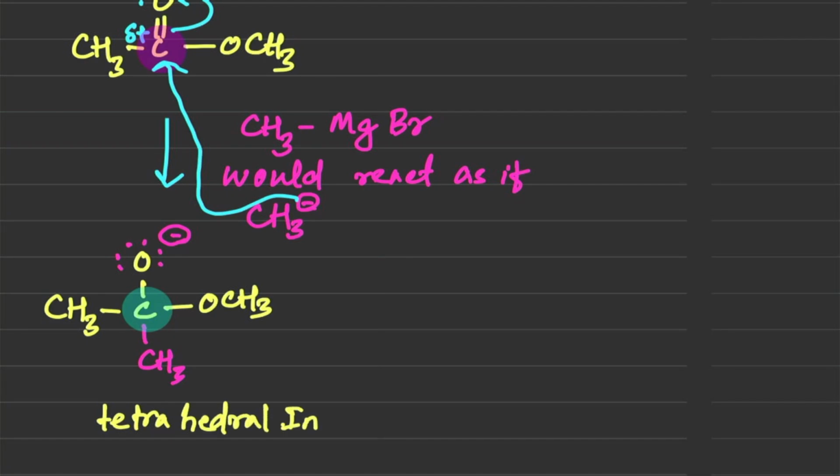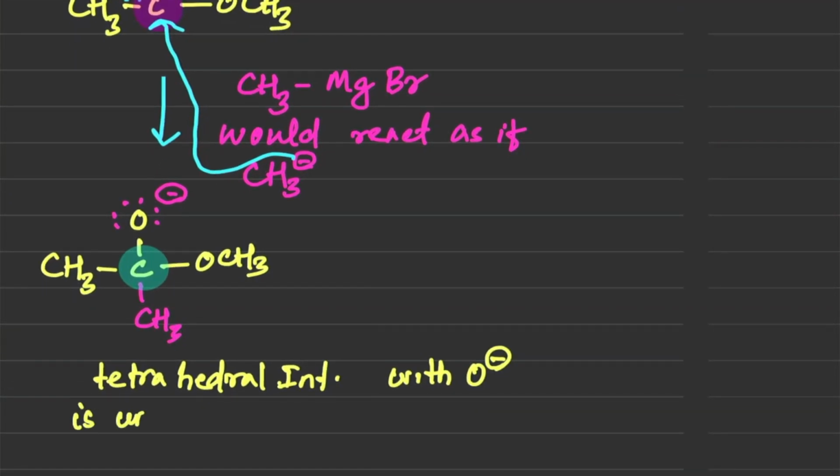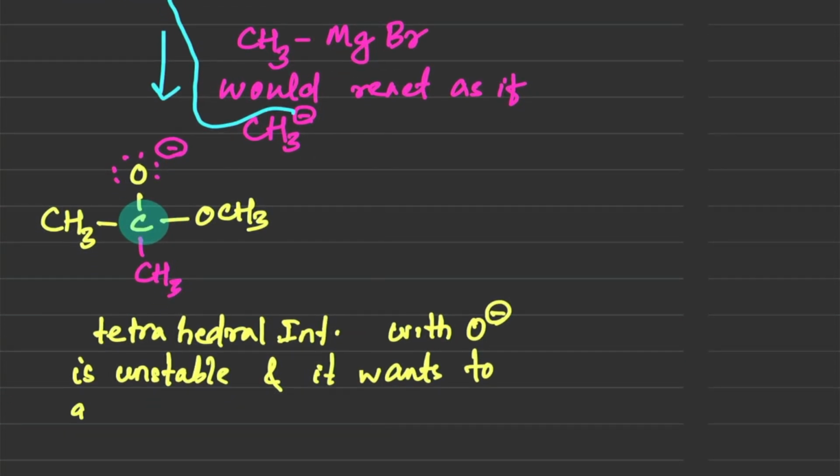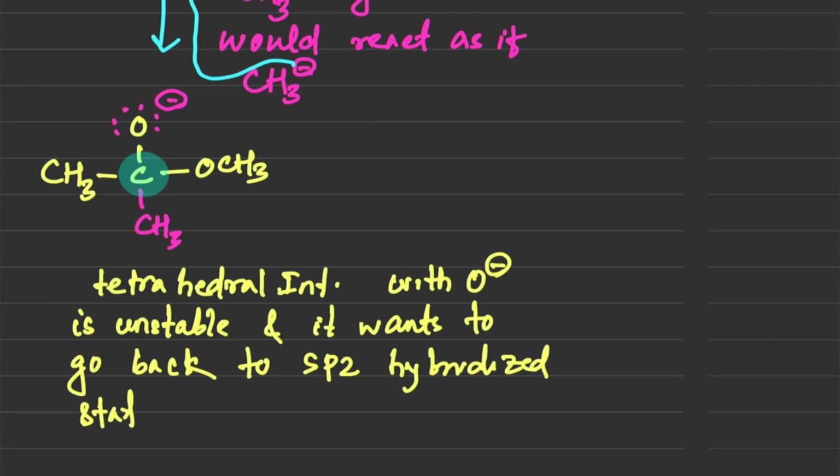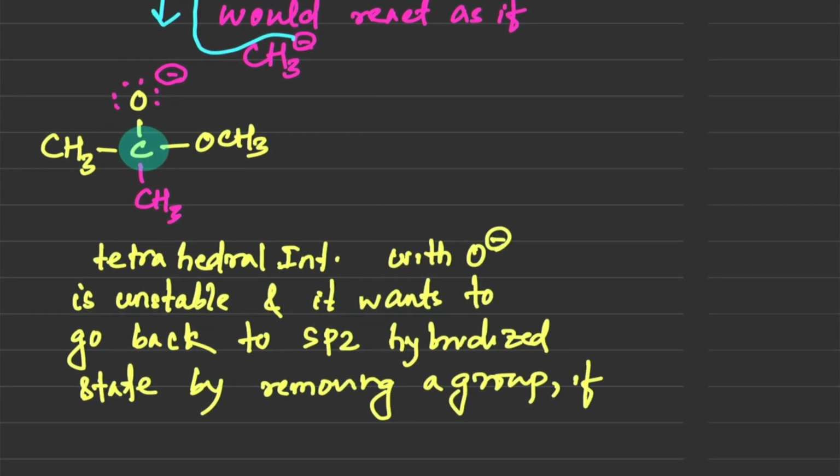The tetrahedral intermediate with O minus is unstable and it wants to go back to the sp2 hybridized state by removing a group, if possible.